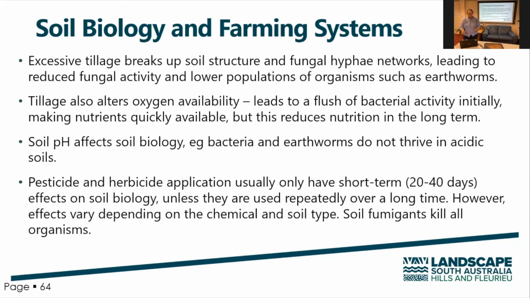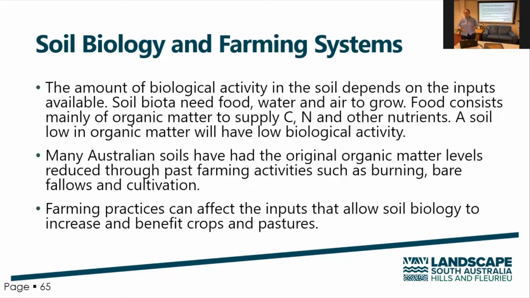So with soil biology and farming or garden systems, the amount of activity in the soil depends on the inputs available. So your biology needs food, water, air and shelter. Food is mostly organic matter. It also supplies shelter. So a soil that's low in organic matter will have low biological activity.